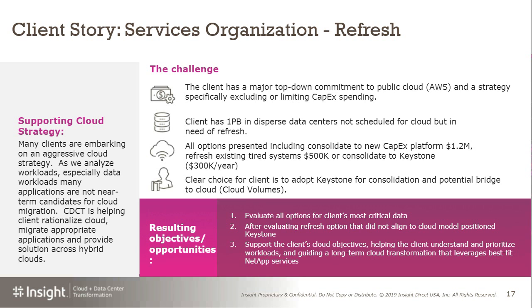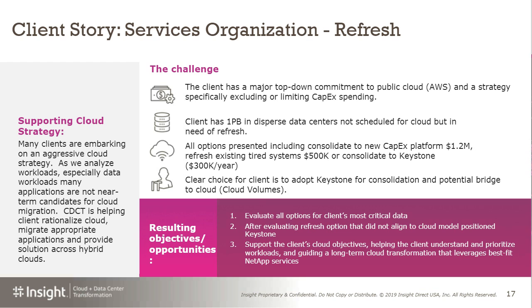And now enter Keystone. Well, if buying more stuff in this example would have been $1.2 million, and if extending the support on your old stuff, which was spread in too many data centers, didn't meet the objective of the new stuff, but it was cheaper at $500,000, what if it was $300,000 a year for Keystone? Well, no-brainer.